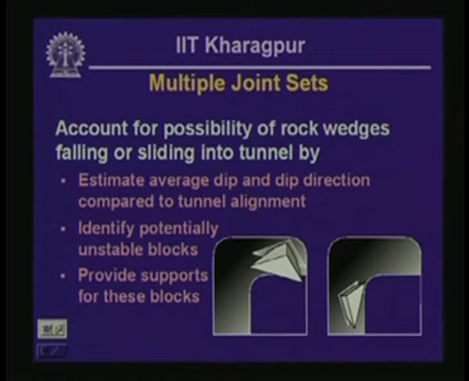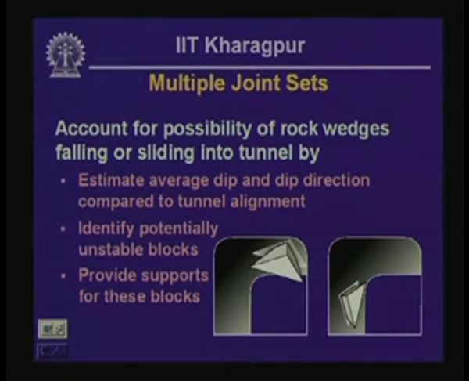Now, like what you had in the case of two joint sets, you could have a tunnel alignment where there are more than two joint sets, and the problem here, essentially from the standpoint of mechanics, is quite comparable to what we discussed in the previous case.